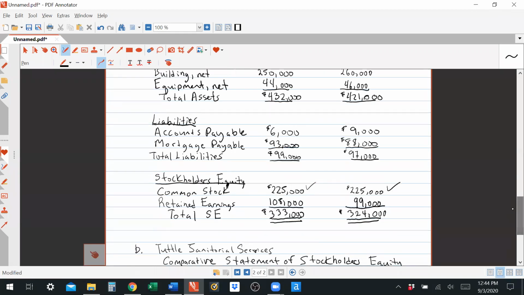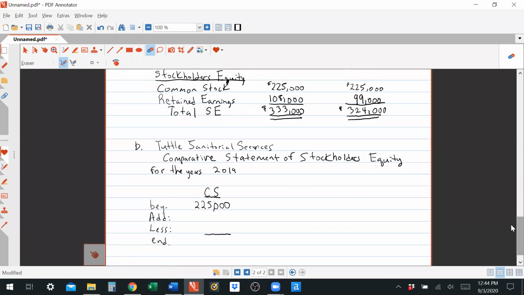It ended the year with the same amount. So there was no change in common stock. And then retained earnings, I'm just abbreviating as RE. It began the year with right here 99,000, and it ended the year at 108,000.